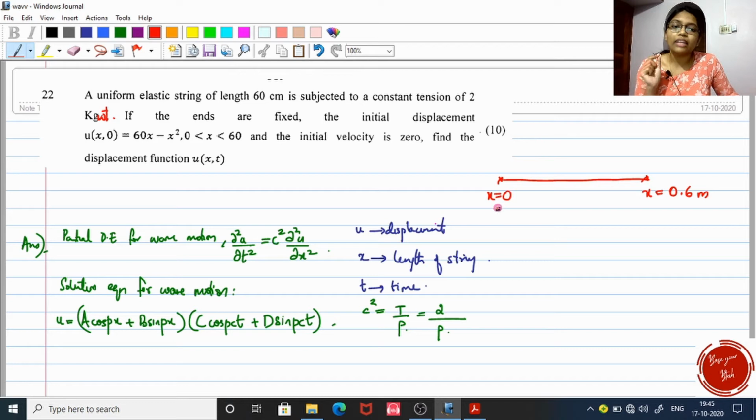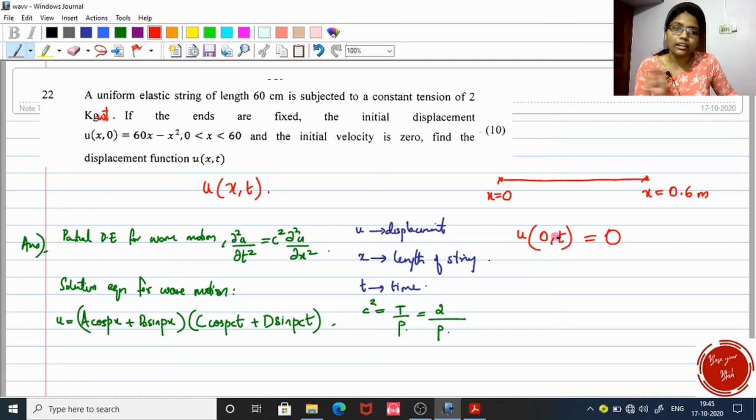So at the point when x equal to 0 and when x equal to 0.6, there is no displacement, as it is tightly tied to one point, isn't it? So let's have u of x comma t. We usually express it as u of x comma t, isn't it? So u of 0 comma t, at any point, at any time, the displacement at the end point x equal to 0 is zero.